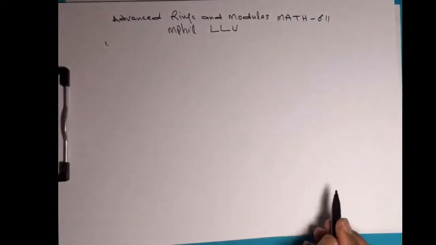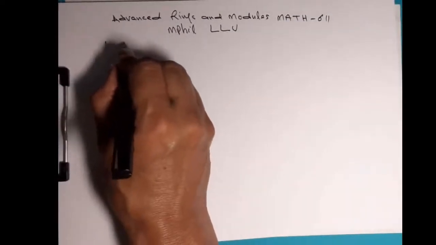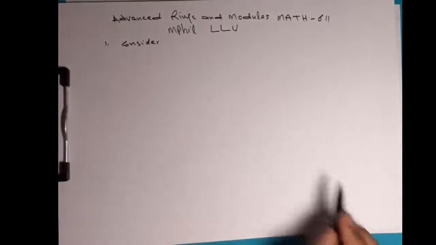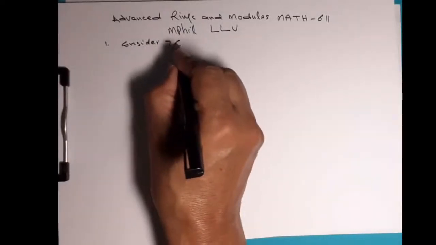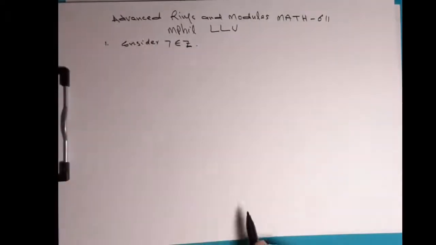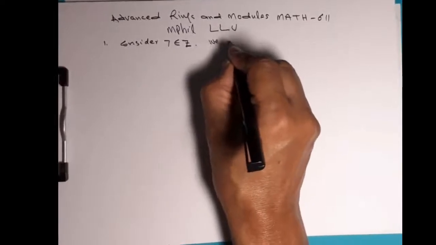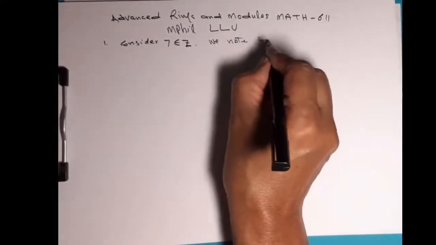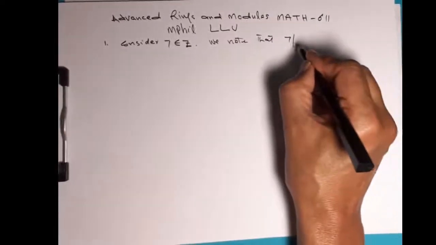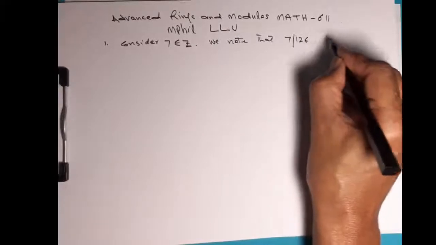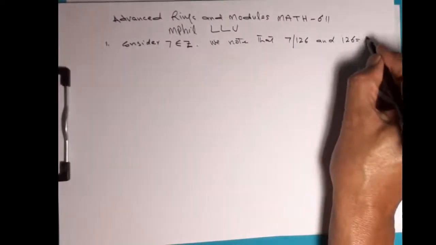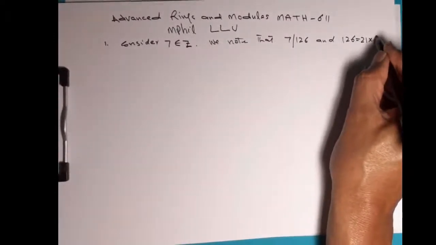Let's consider an example. Consider prime 7. We note that 7 divides 126, and you can see that 126 can be written as 21 multiplied by 6.